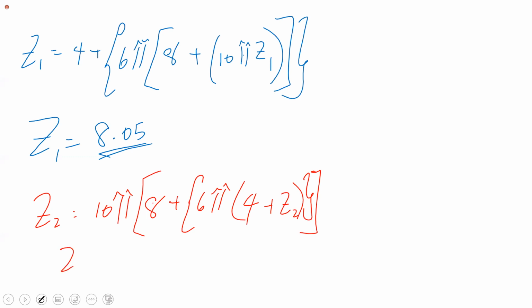Right? And here Z2 is equal to 5.38. All right? So now, once you have done these, then the other parts of the question become very simple.